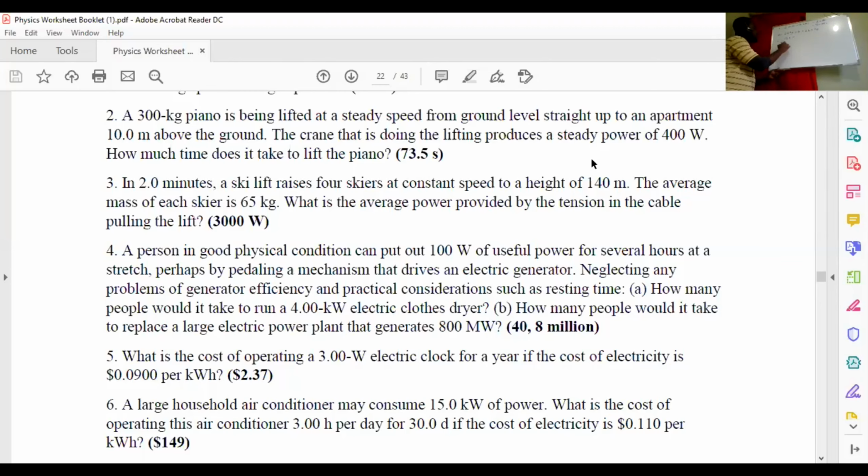So we have mass, distance, and time, and again we use mgd over time. The mass is 260, g is 10, distance moved is 140, over the time, which is 120. And we get the power to be 3033.33 watts.